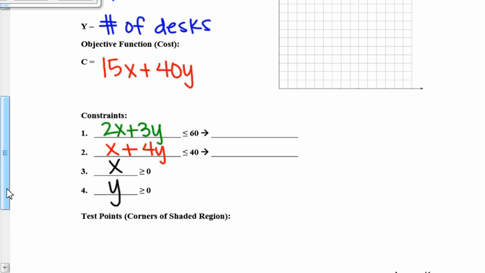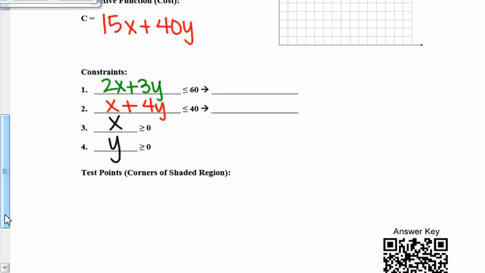So I'm going to go ahead and solve here for y, so I can graph these lines. Subtracting over 2x, I'm going to get 3y is less than or equal to negative 2x plus 60. And then I have to do one more thing, divide by 3 here. So my actual function is y is less than or equal to negative 2/3 x. 60 divided by 3 gives me 20.